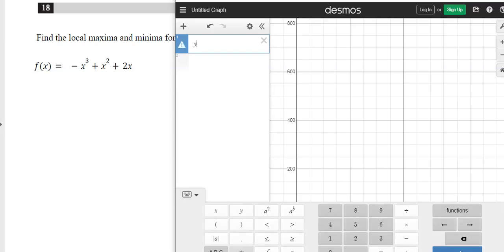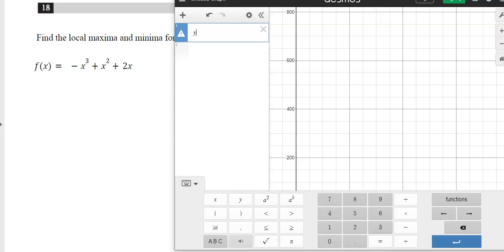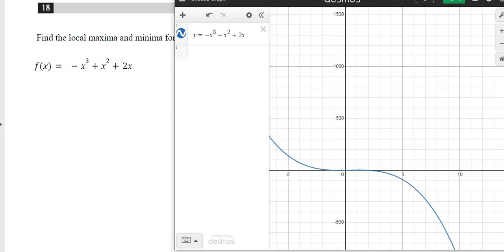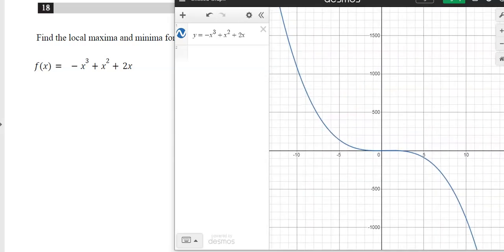Y, let's raise it up a little bit, equals negative x to the third power plus x squared plus 2x. Now my window's probably really goofy. I'm not seeing a whole lot here because my y's are crazy.